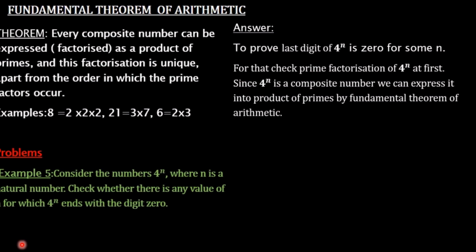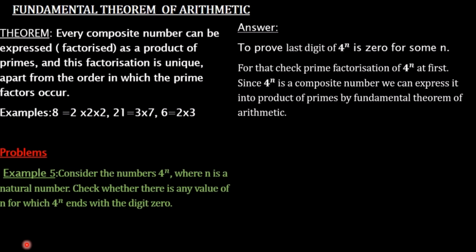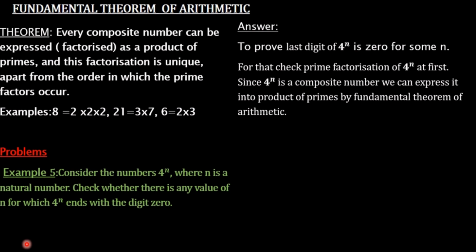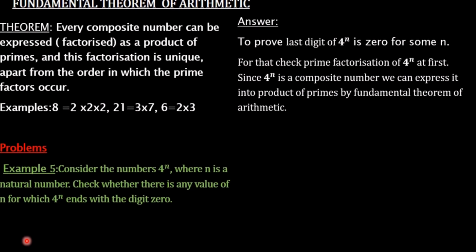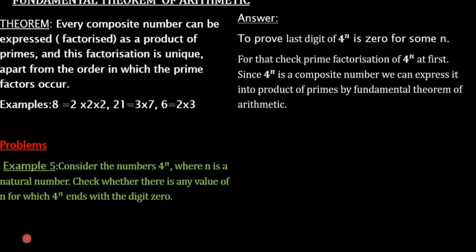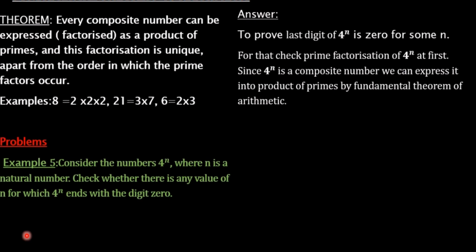You know which numbers end with 0? Those numbers are multiples of 10, that is 10, 20, 30, 40, 100.